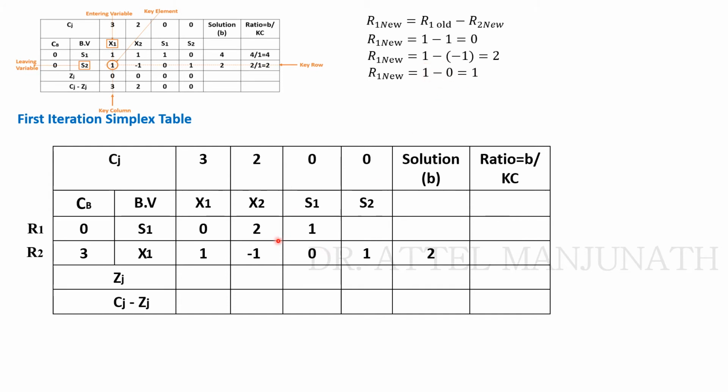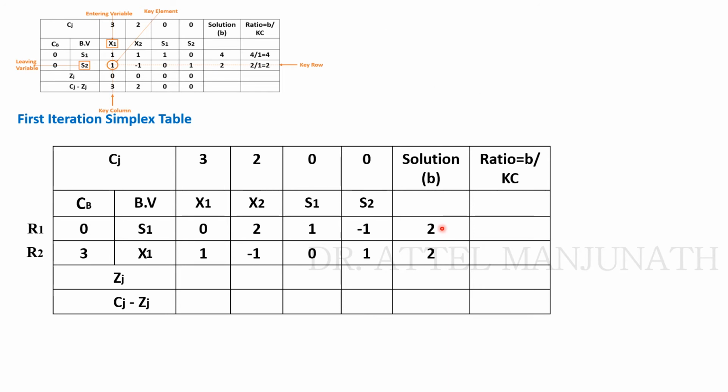So 1 minus 0, you will get 1. Similarly you take 0 minus 1, you will get minus 1 here. Similarly the solution value: the old value of row 1 is 4 and the new value of row 2 is 2, hence 4 minus 2 gives you 2. Whereas earlier you had 4, now the value is 2 here.